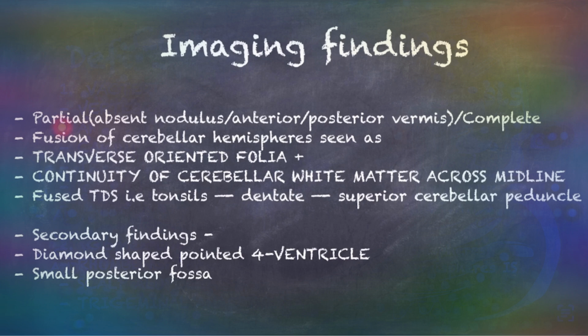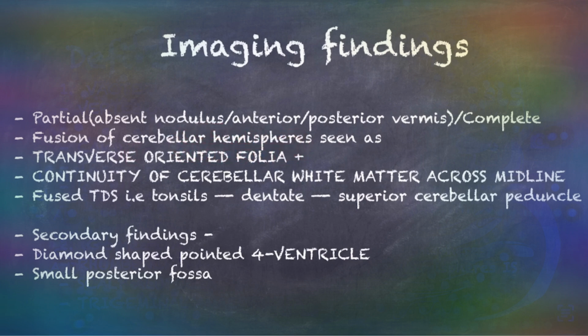In these patients, as I have told you earlier, there is an absent vermis. So the vermis can be completely absent, or any of the structures in the vermis can be partially absent. So there can be just the nodulus absent, or just the anterior vermis absent, or just the posterior vermis absent.